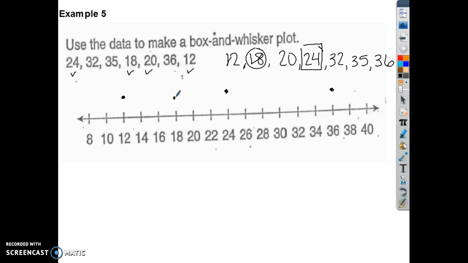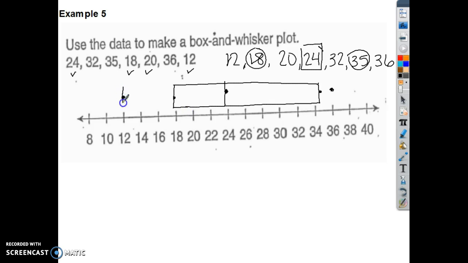And the upper half of the data, the median, is 35. This is my upper quartile. That's about right here. Notice I did not use the middle number, the median, when finding the lower and the upper quartiles. Now all we do is put a line through our lower quartile, our median, and our upper quartile. And we connect the three lines to form the box part of our box plot.